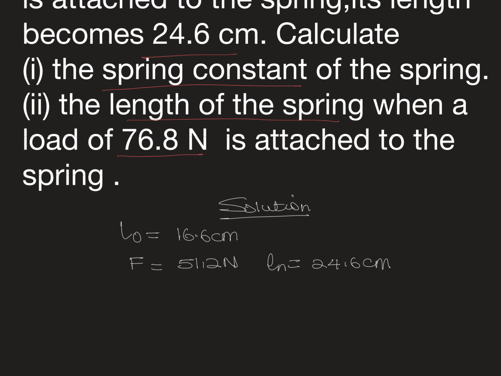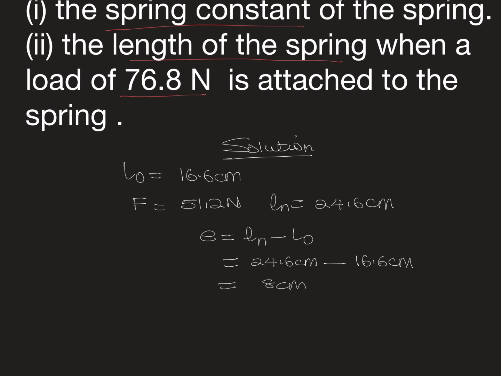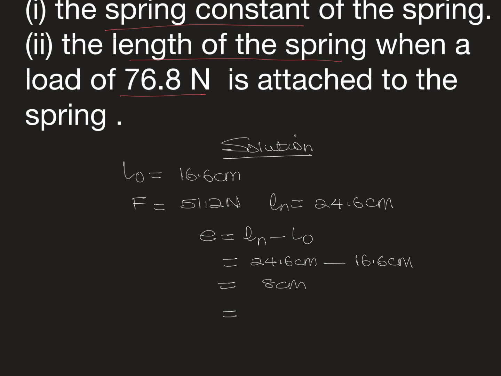So I can find the extension by saying extension is equal to new length minus the original length. The new length is 24.6 centimeters minus the original length, 16.6 centimeters. So that will give 8 centimeters. If I convert it to meters by dividing it by 100, I'll have 0.08 meters.